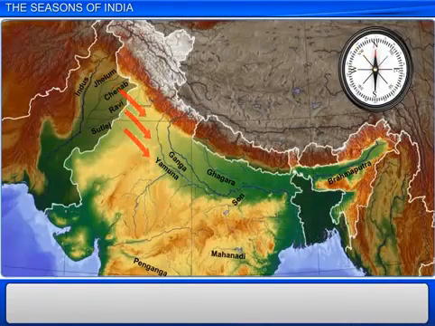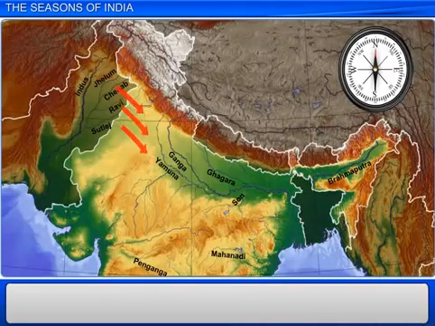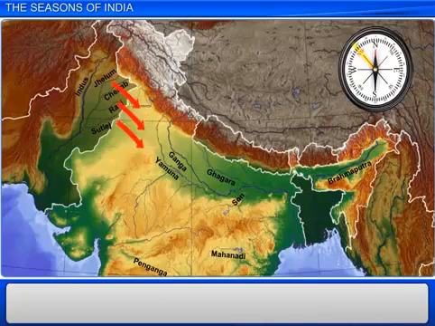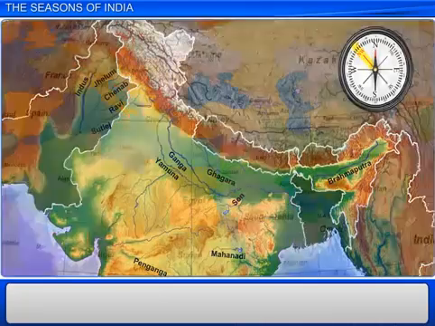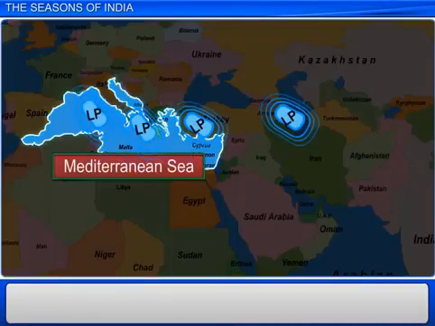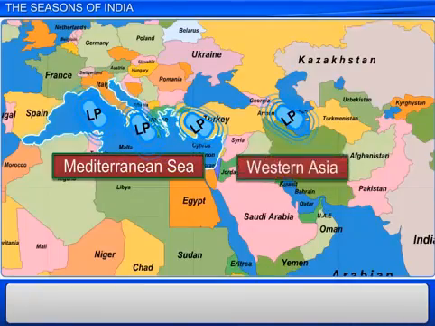Another characteristic feature of the winter season experienced over the northern plains is the inflow of cyclonic disturbances from the west and the northwest. These low-pressure systems originate over the Mediterranean Sea and Western Asia.